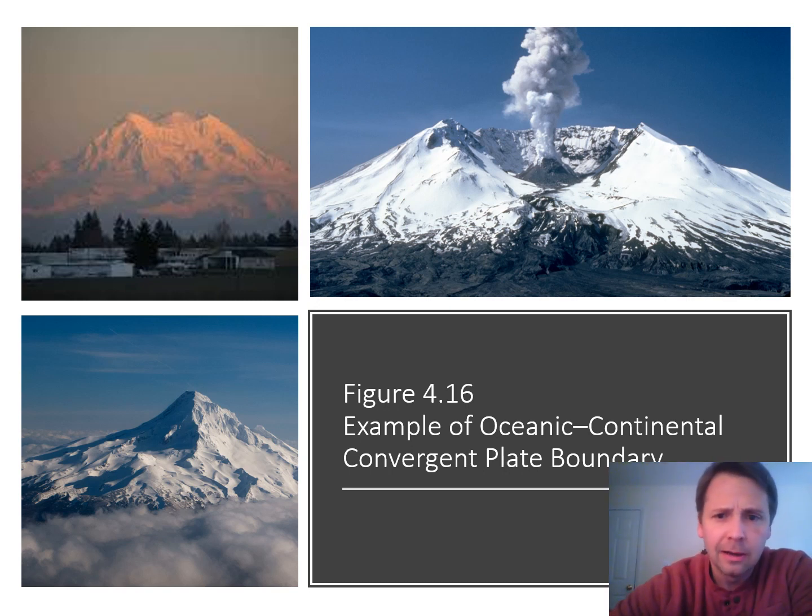I'm trying to remember what I even put here. Mount St. Helens is probably the most obvious one for most, a super destructive volcanic eruption. We have Mount Rainier, which is in Washington, same thing as Helens, and then also, geez, what did I even put here? Mount Hood, excuse me, in Oregon, right?